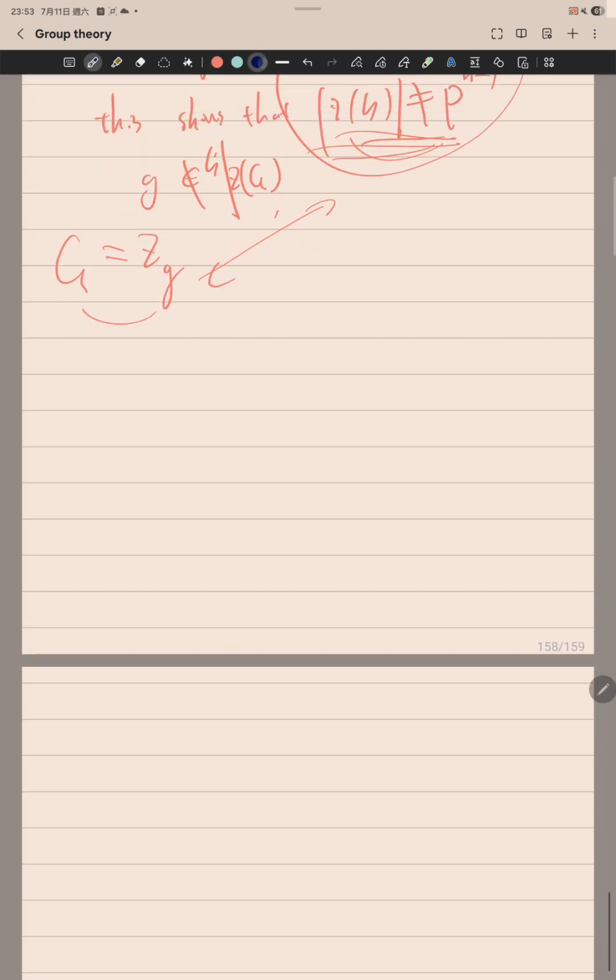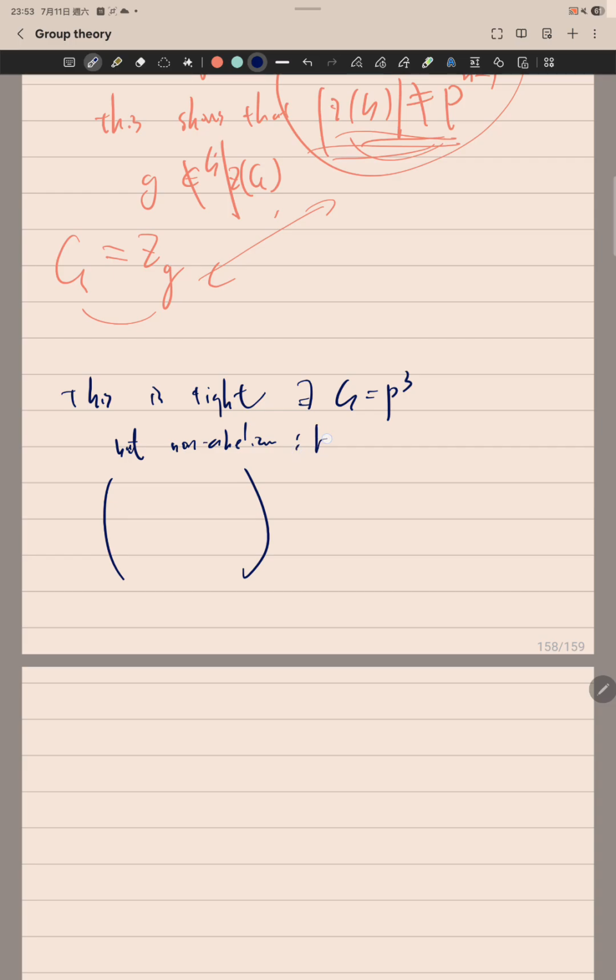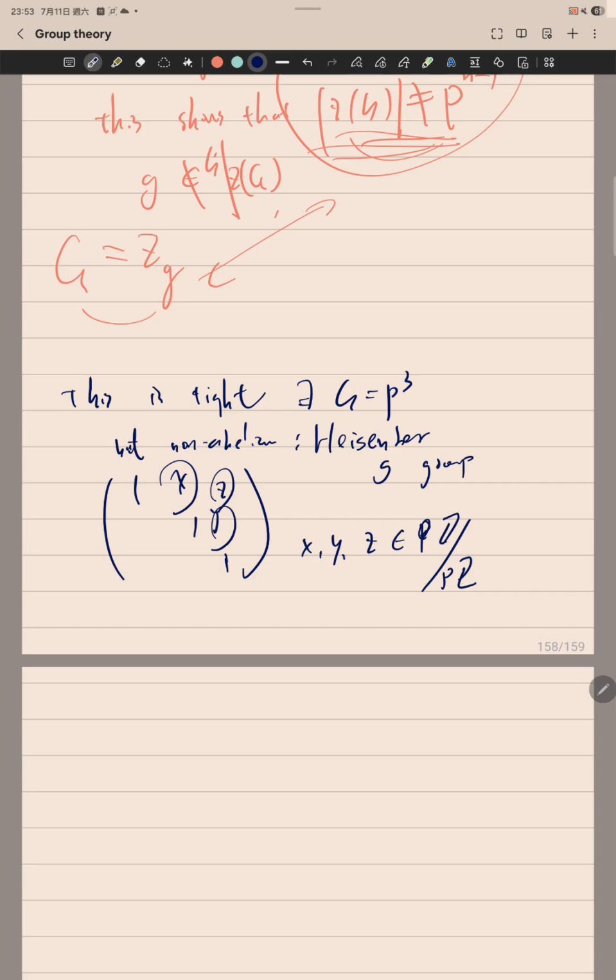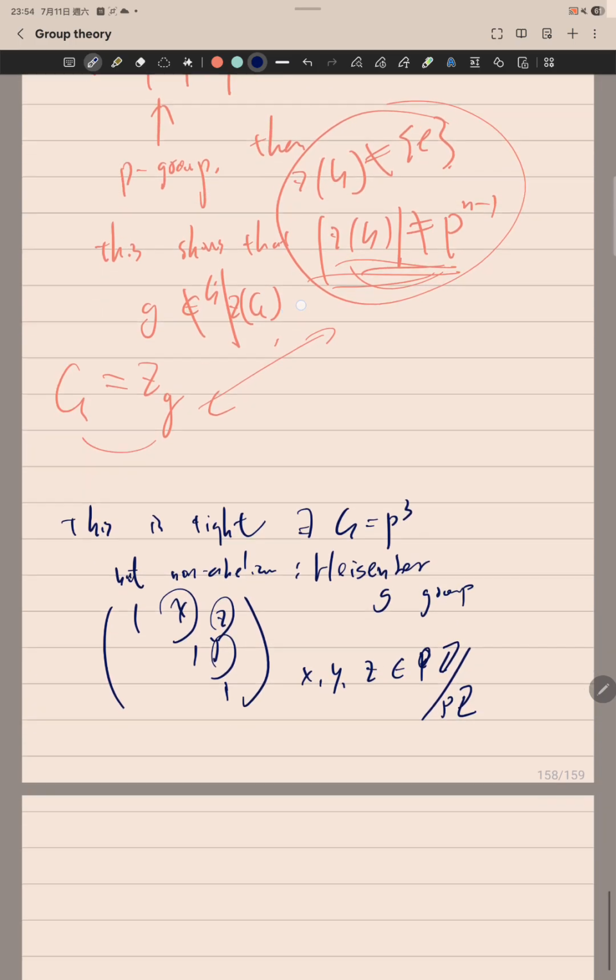Okay, and finally, I want to say that this is somehow tight. There is a group of order p cubed which is non-abelian. This is called the Heisenberg group. You take matrices with ones on the diagonal and x, y, and z entries, where x, y, and z are in Z mod pZ, so every element is modulo p, and you can compute the center.